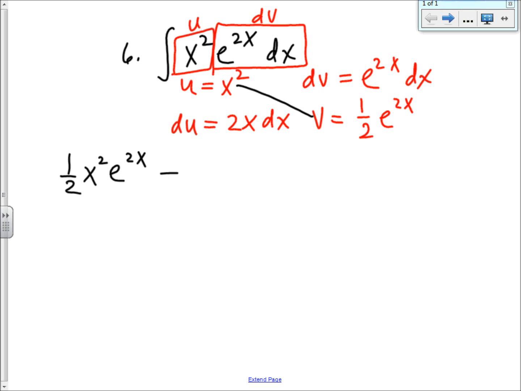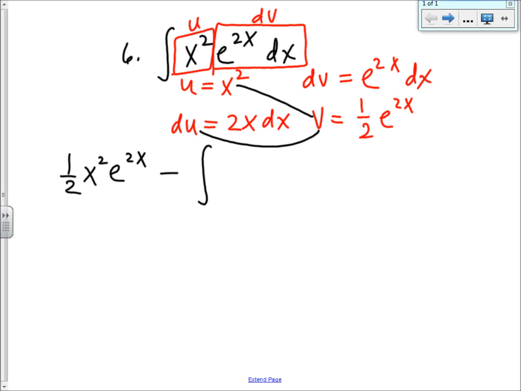Now again, I'm going to think in my head here a little bit, so I'm not writing all this stuff down. I'm going to take v du, these two. So what would I get if I take v times du? So it's going to be the integral of v du. So what should I write?